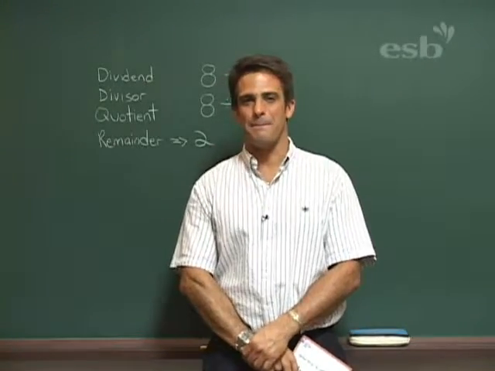Let's wrap it up. So what did we learn today? We learned some division terms. We learned there are 4 terms in division equations. One is a dividend. The dividend is the number that is being divided. The second one was the divisor.